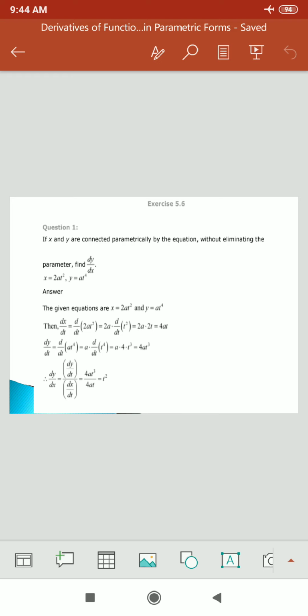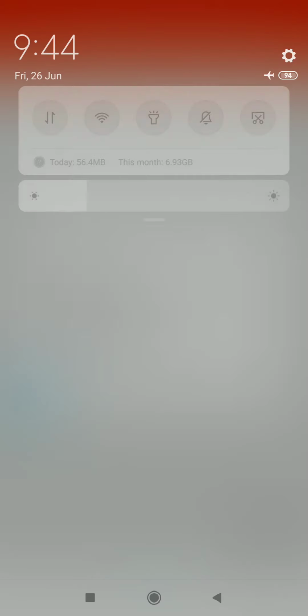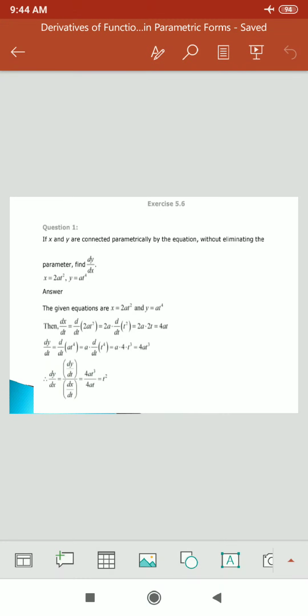The very first question of our exercise is, if x and y are connected parametrically by the equations, without eliminating the parameter, find dy by dx. X and y are connected parametrically by the parameter t. Here we have to find dy by dx.